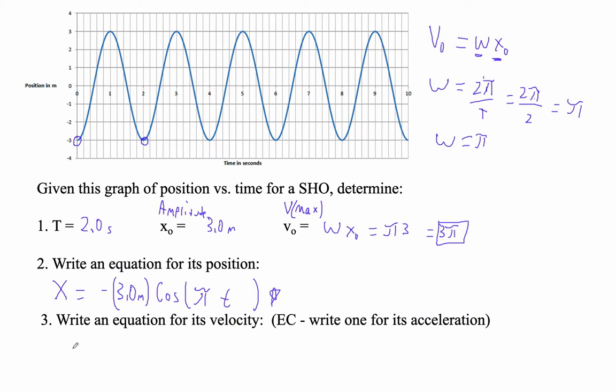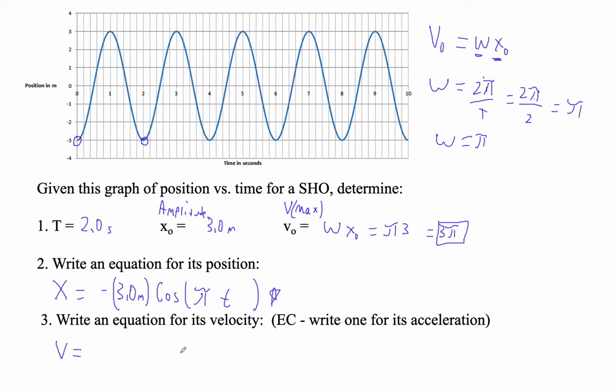Okay, now let's write an equation for its velocity. This is going to be trickier, okay? And I purposely picked something that's just not in the data packet because they could give it to you. They don't always give you stuff that's a slow pitch in the strike zone here, okay? So we need to figure out what the velocity is.